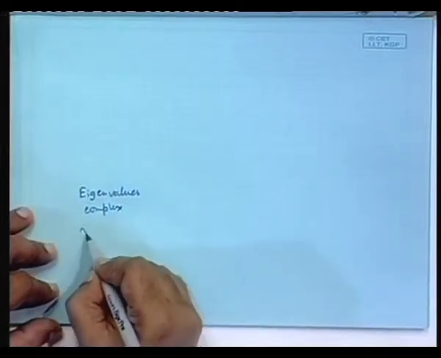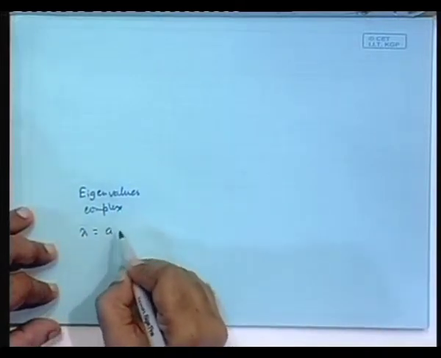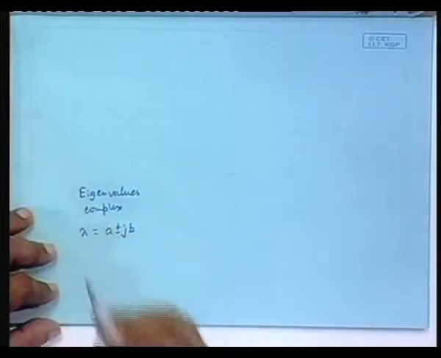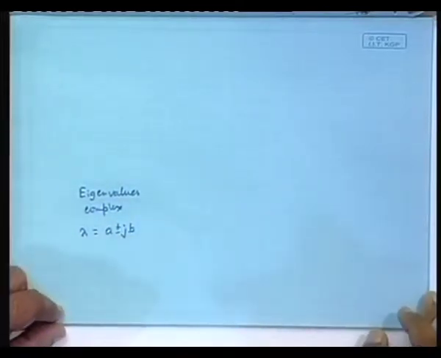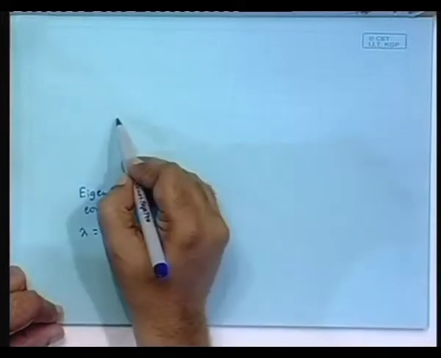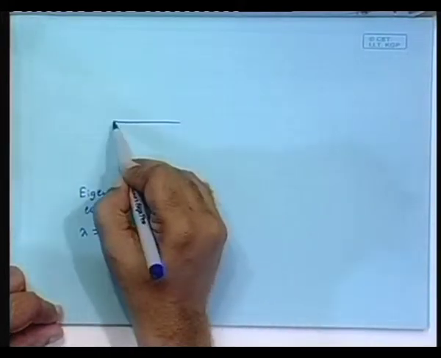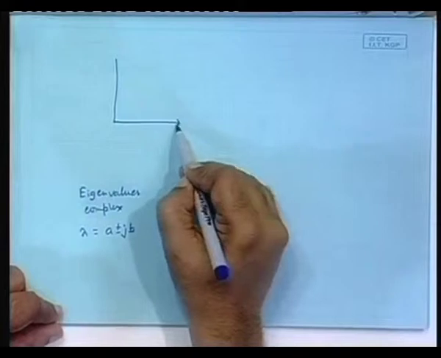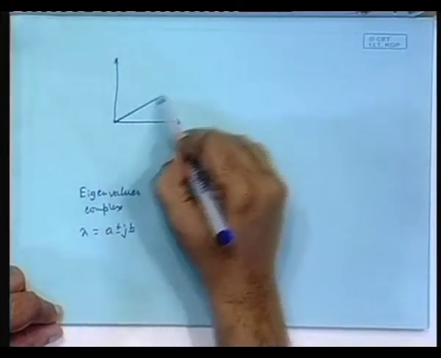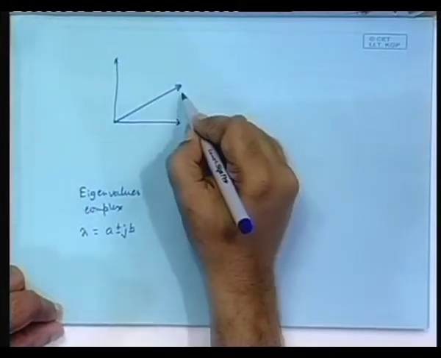So, lambda is equal to a plus ib, what will the behavior be? Say this is our axis and say this is our initial vector x.